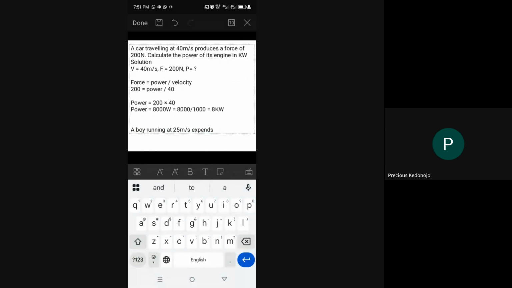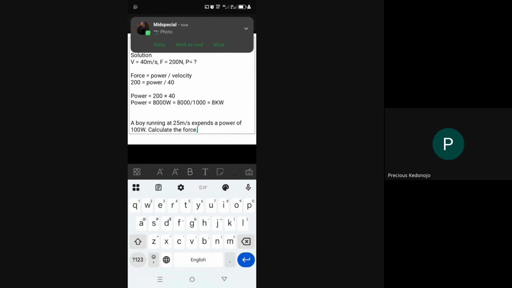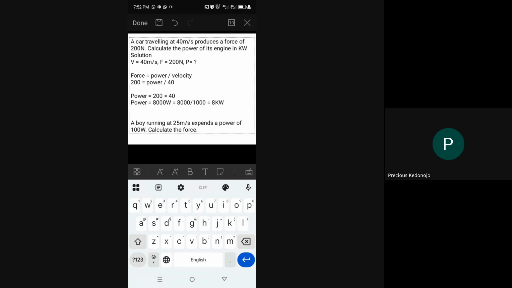To expend means to exhaust, right? Calculate the force. A boy running at 25 meters per second expends a power of 100 watts.